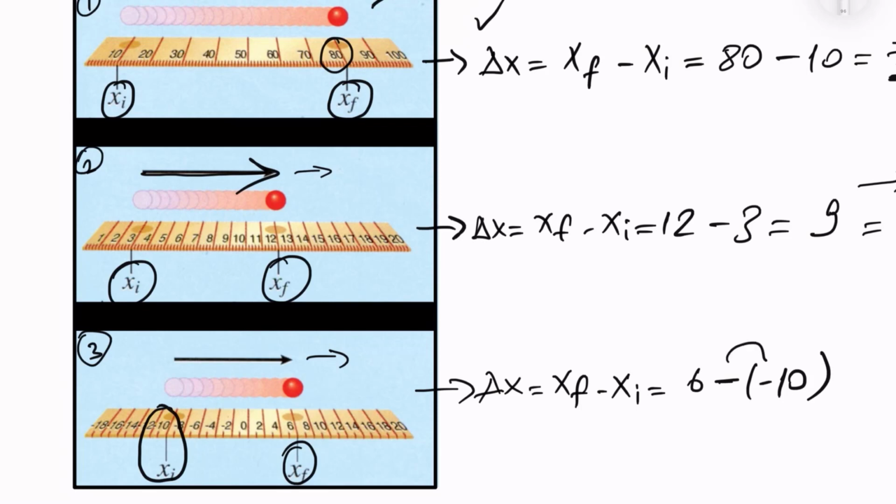Negative and negative make each other positive, so it will be 6 plus 10. The result is 16. That 16 means positive 16. If the result is positive, it moves in the right direction. Is it? Yes, it is. So my result is correct, again, I can say to you.